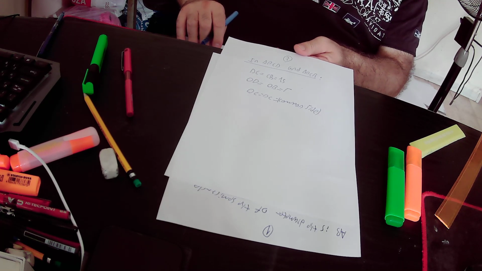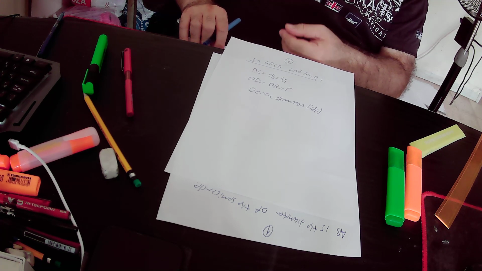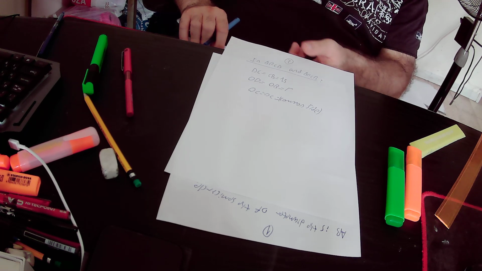So actually, we proved that all the sides of the green triangle are equal to all the sides of the orange triangle.